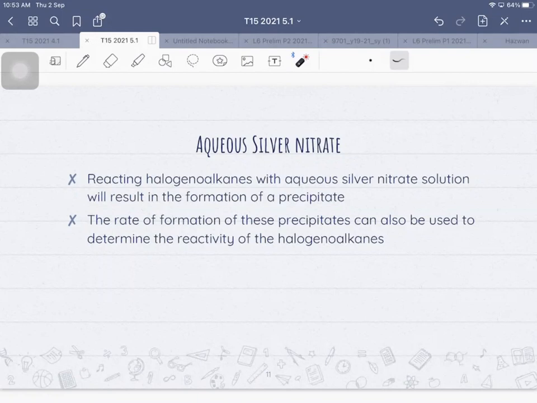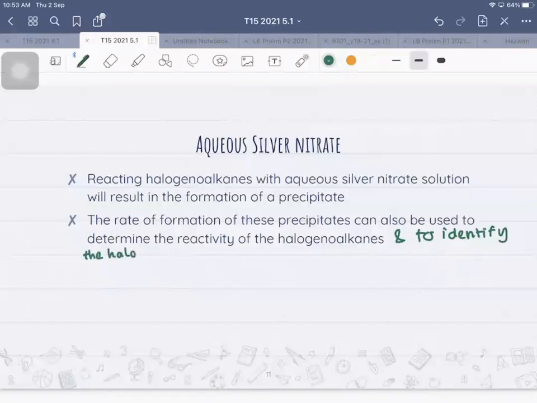The rate of formation of these precipitates can also be used to determine the reactivity of the halogenoalkanes and to identify the halogen in halogenoalkanes.